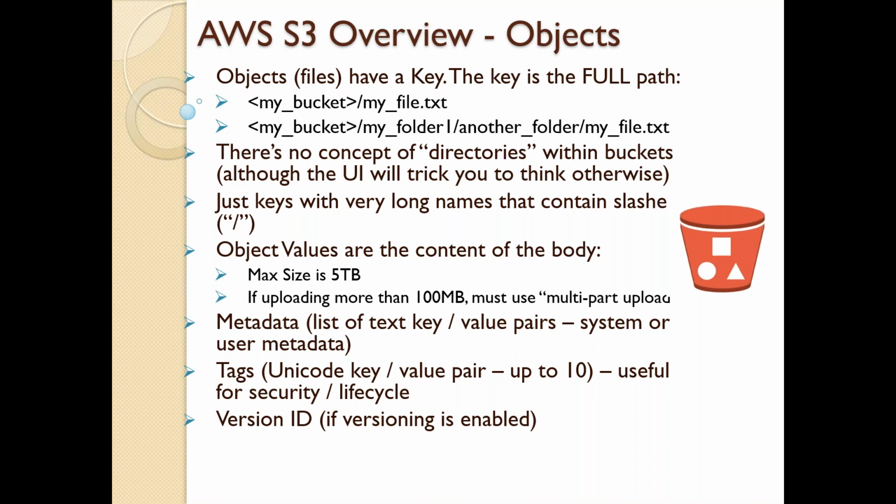And we have tags, just like other resources. They are also key value pairs, up to 10 you can have, and they are very useful when we talk about lifecycle and so on. But tags are optional as per AWS, and your company may enforce tagging for better management of the resources.